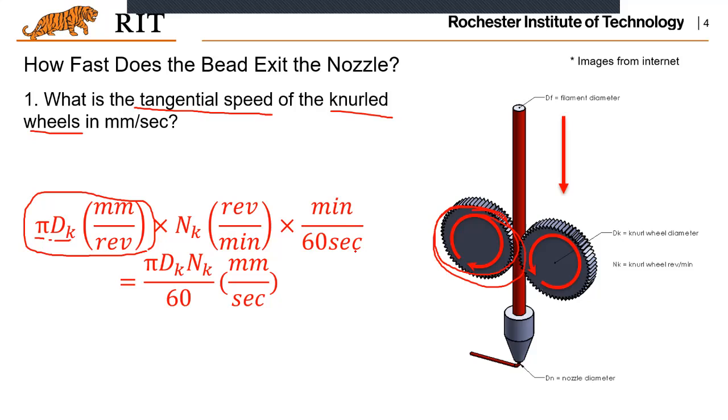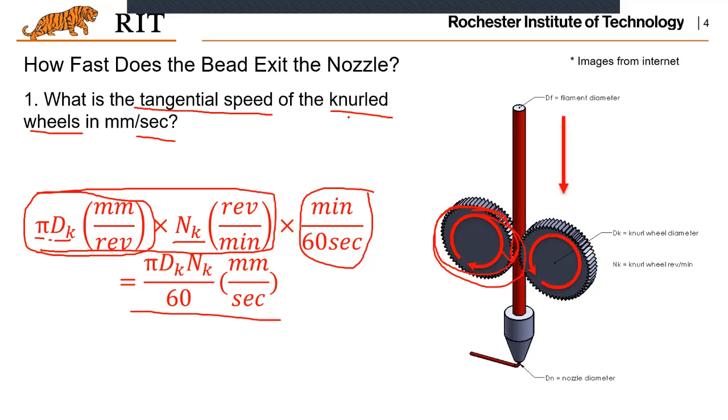Then how many turns it has per minute, we multiply by this revolution per minute, and that is the total distance this wheel will travel at this tangential point in 1 minute. But the final unit is seconds, so we need to do a unit conversion here. And it turns out you have the tangential speed of the knurled wheel in millimeters per second.